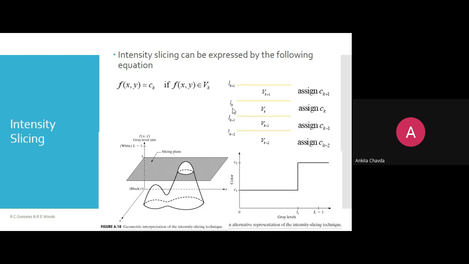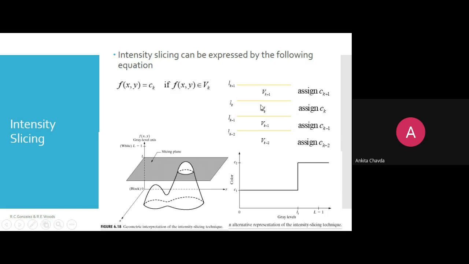Or you can even slice at the first, that is your L0, second cut L1, third one L2 and so on. So this is just showing you how you are assigning. If the intensities are between Lk minus 1 and Lk, included in this Vk set, then you assign the color Ck, C1.